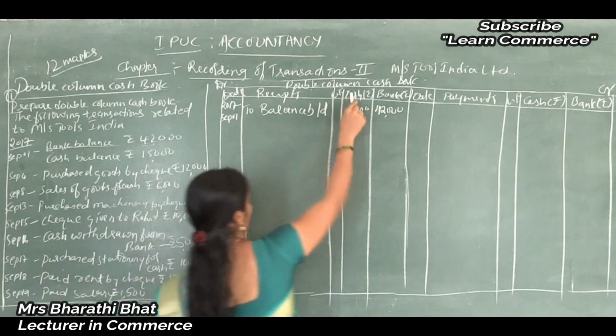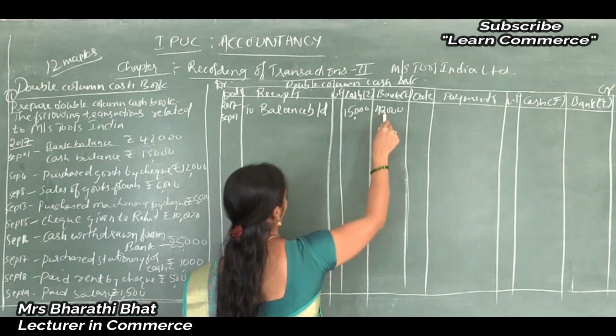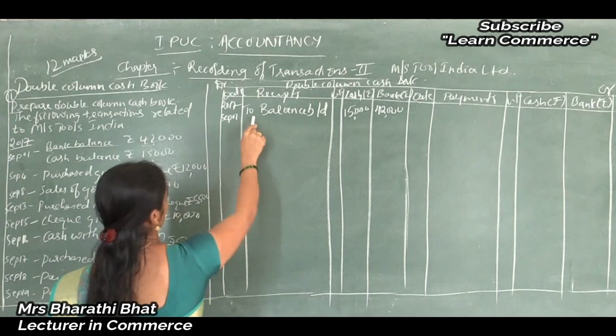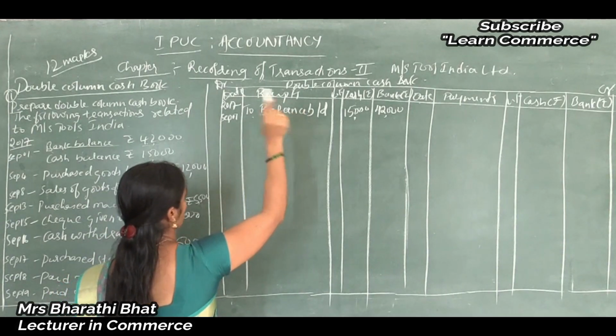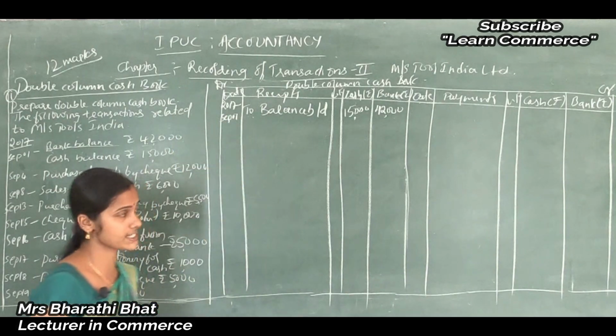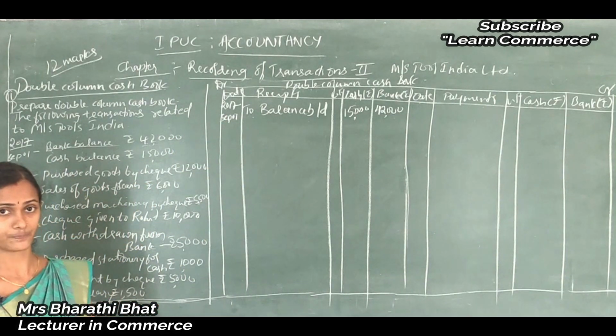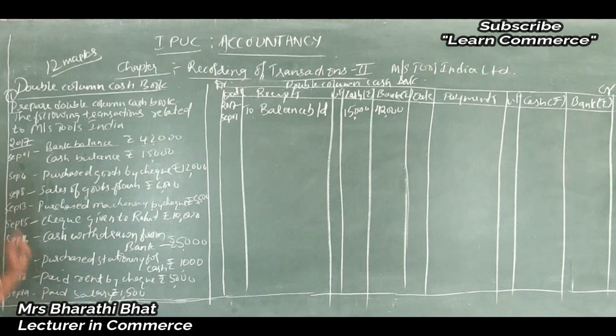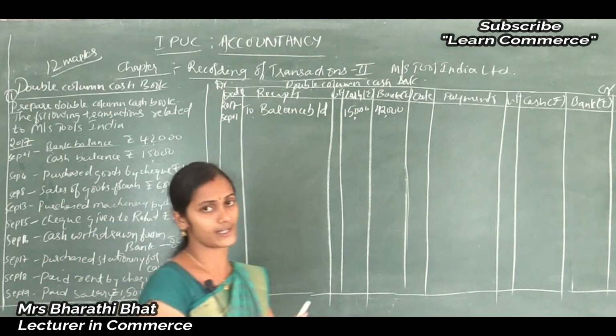So under cash write 15,000, under bank write 42,000 with the 'to balance brought down', and don't forget to write the date, 2017 September 1.